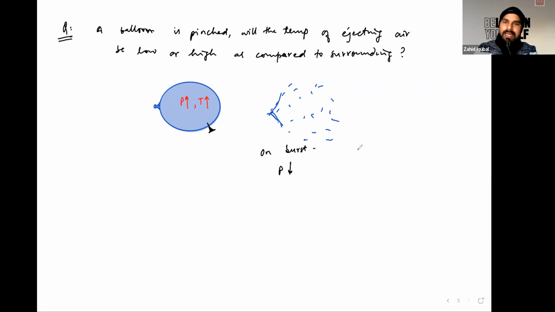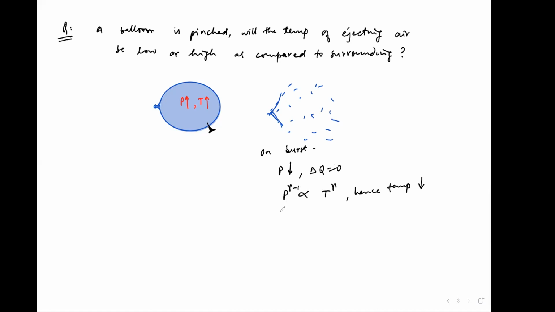According to the adiabatic process, pressure is directly proportional to temperature. So if pressure decreases, temperature must decrease. Hence, the temperature of the ejecting air will decrease. So it will be at low temperature as compared to surrounding. So it will be cold air. Is it clear? Yes, sir. It means the ejecting air will be cold.